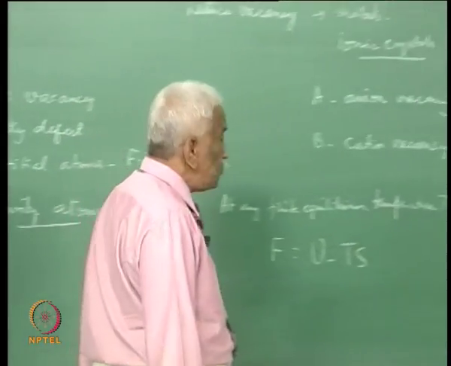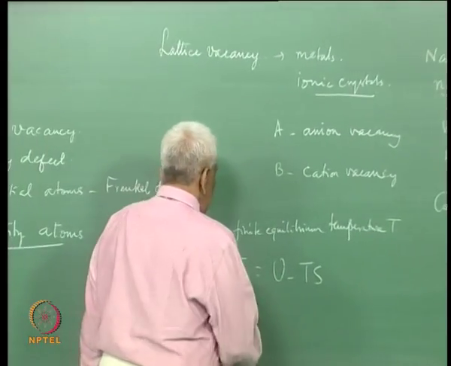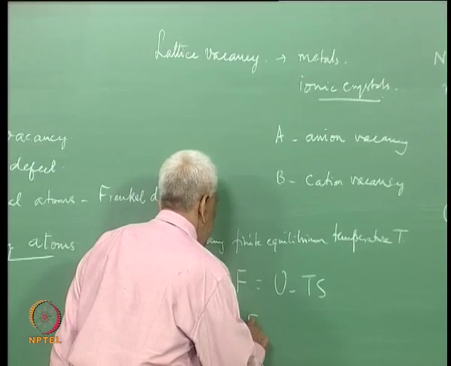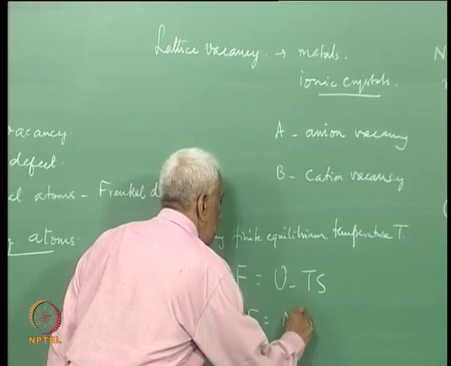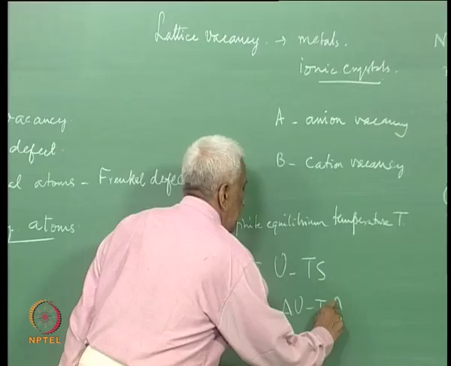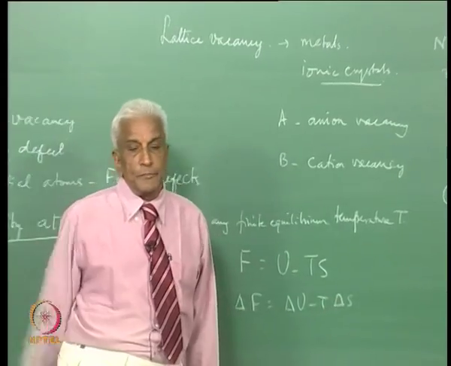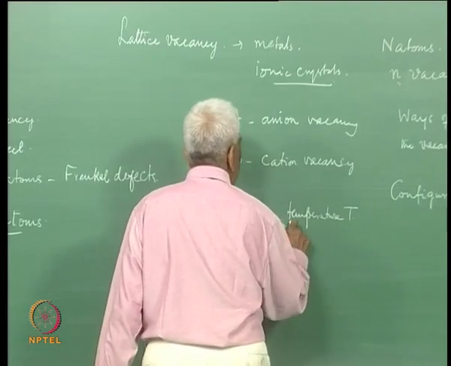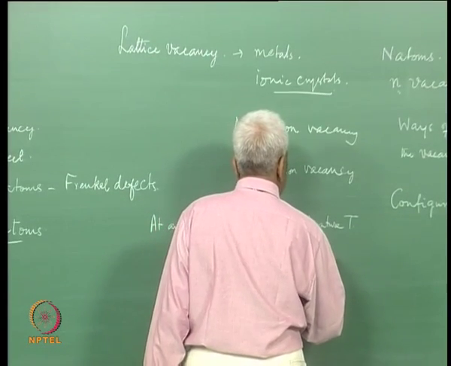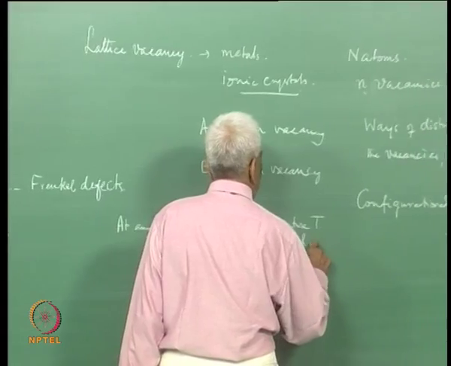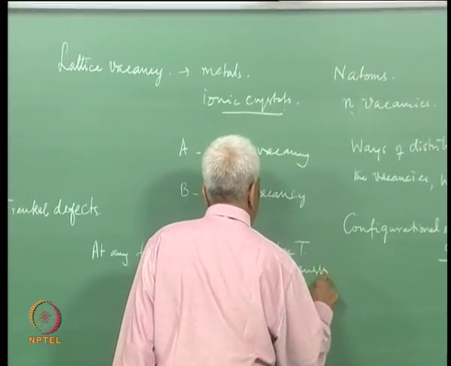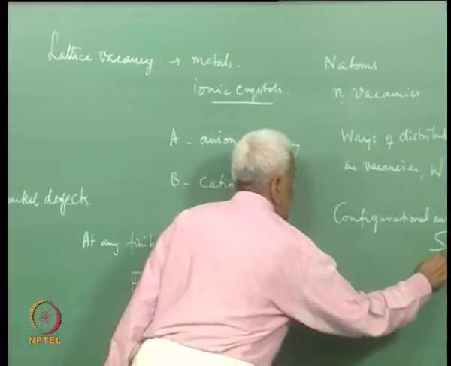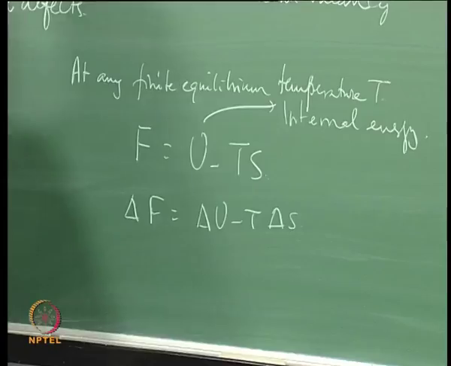So, delta F is delta U minus T delta S at constant temperature, where U is the internal energy, S is given here and T is the temperature.